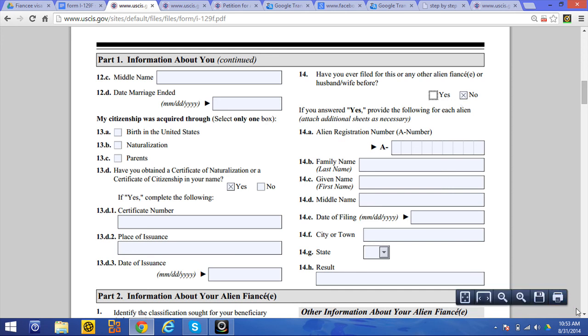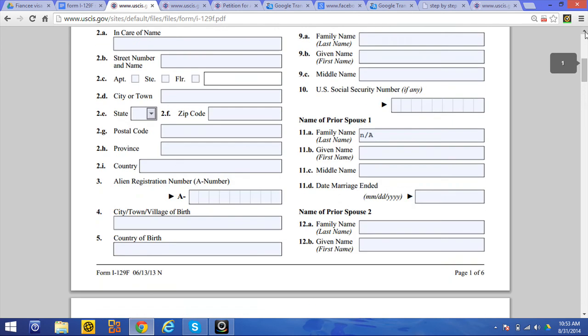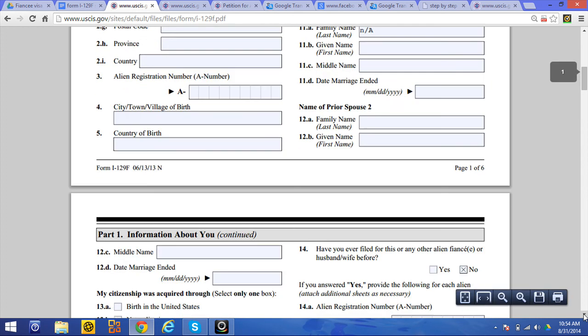So this is Part One, information about the US citizen who is requesting USCIS to grant his fiancé a visa to come to the USA. They will have to get married once this fiancé arrives in the USA. That's the information about the US citizen.